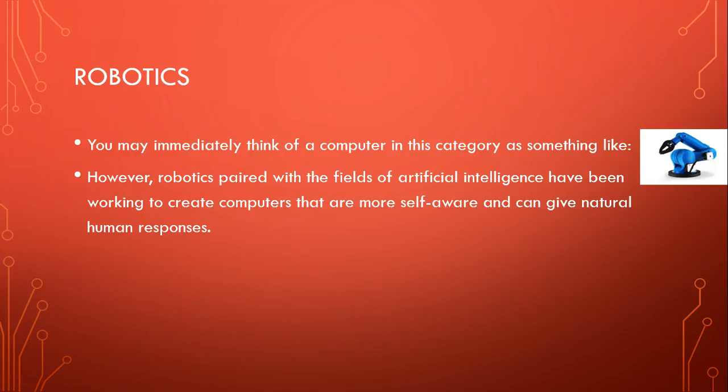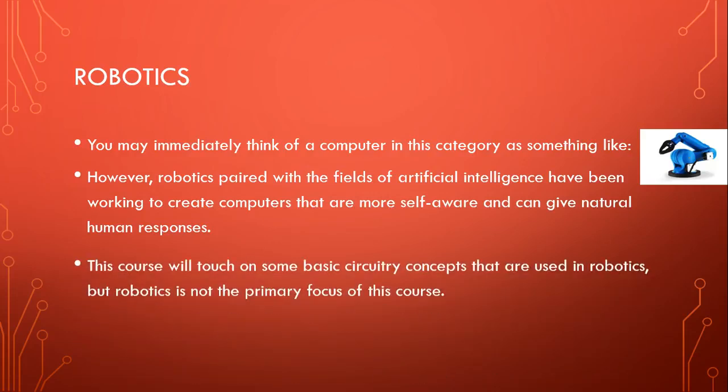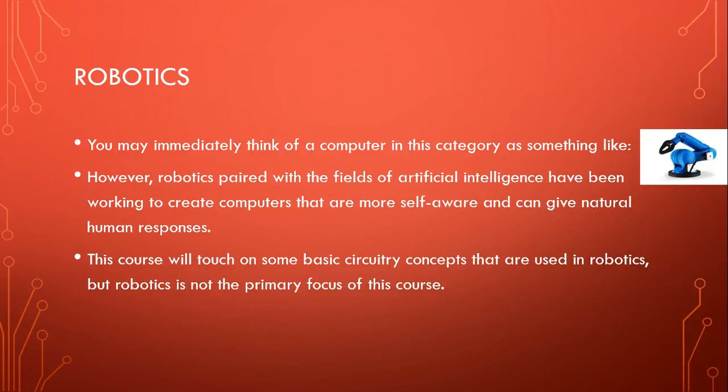So they're not necessarily just running off a script. Like if someone asks it a random question, the AI can go ahead and create an answer to generate. Now, this course will touch on some of the basic circuitry concepts that are used in robotics, but robotics is not the primary focus of this course. We're not really going to focus hardcore on robotics. We're more interested in knowing about what makes things tick.